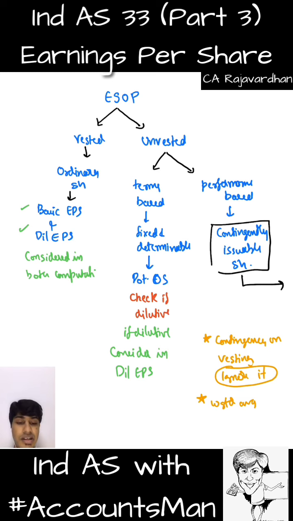From when do we take weighted average? For weighted average, assume options are outstanding on grant date. So the date on which the options were granted, that day itself is the outstanding date, and we start counting the time for weighted average from that date.